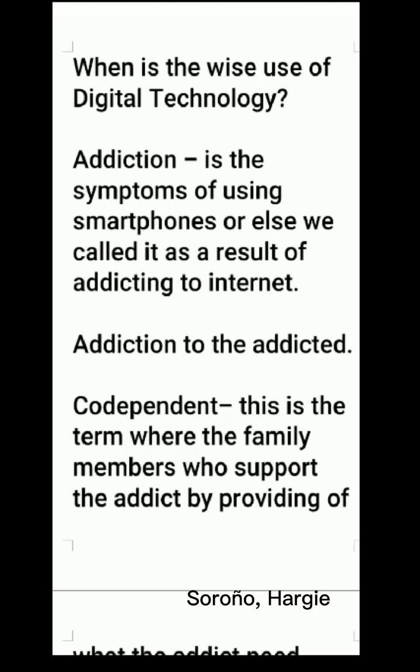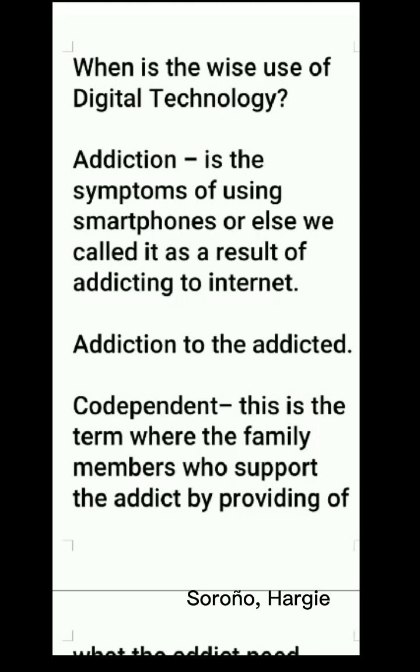I go crazy if I am in an area with no cell coverage. And after half an hour, I cannot wait to be able to check my messages again. It is a little ridiculous." Addiction is the symptom of using a smartphone, or else we call it a result of addiction to the internet.